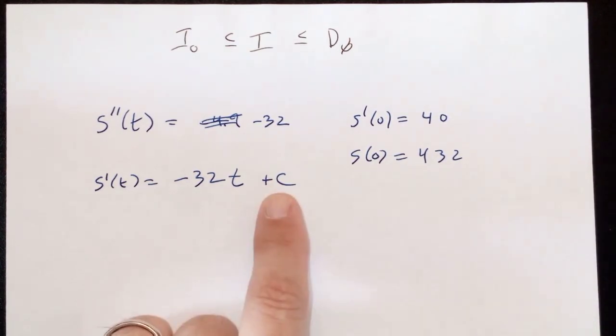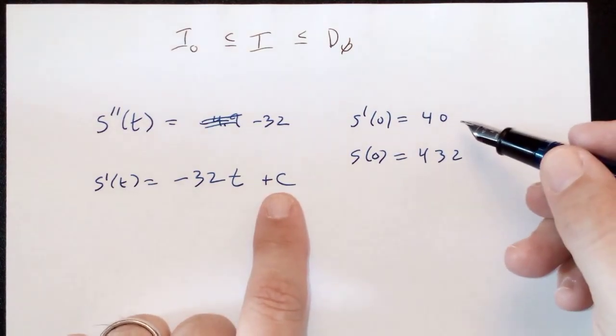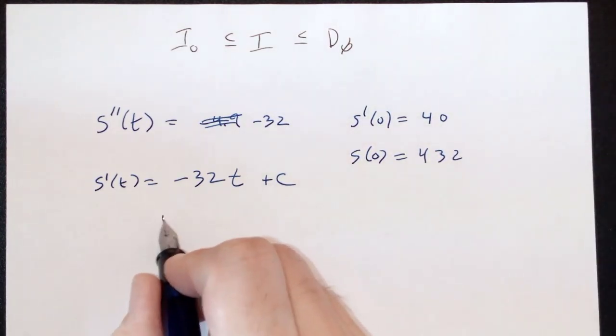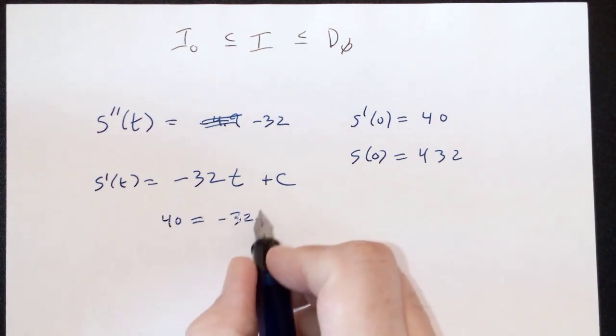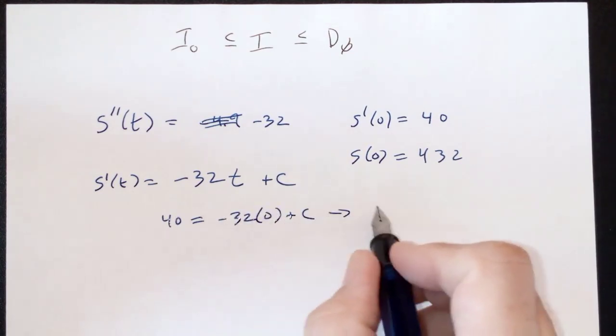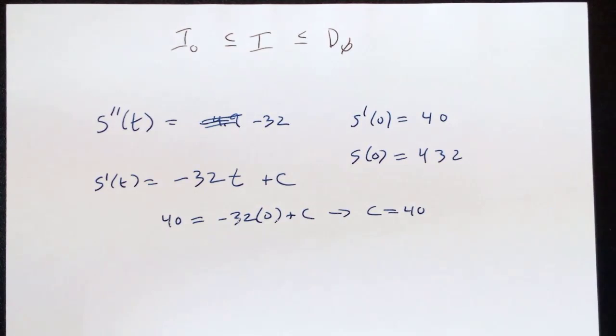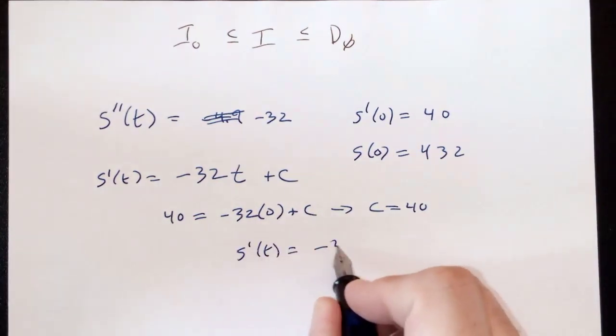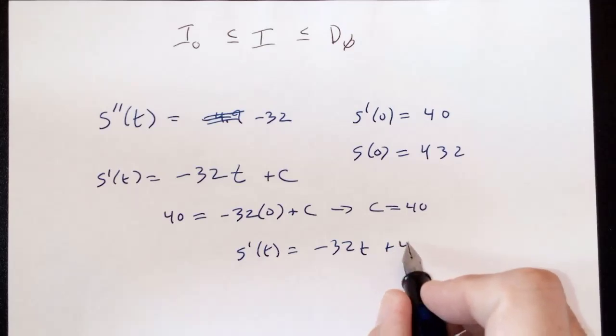Okay, but this plus C can be solved for explicitly right here. I know that S prime of 0 is 40. So I know that C is 40. And now I have S prime of T is minus 32T plus 40.